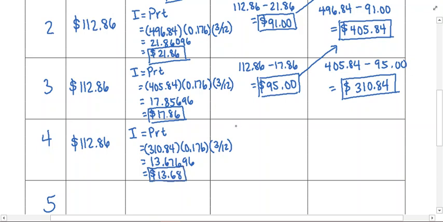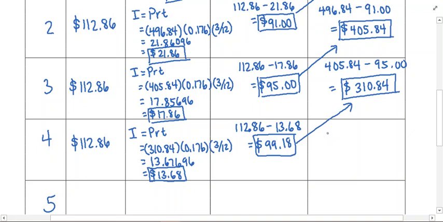When you make that fourth payment, the $112.86 has to immediately pay off the $13.68 worth of interest. So the non-interest part of the payment will be $99.18, and this $99.18 will be applied towards the purchase price, what is still owed on that.